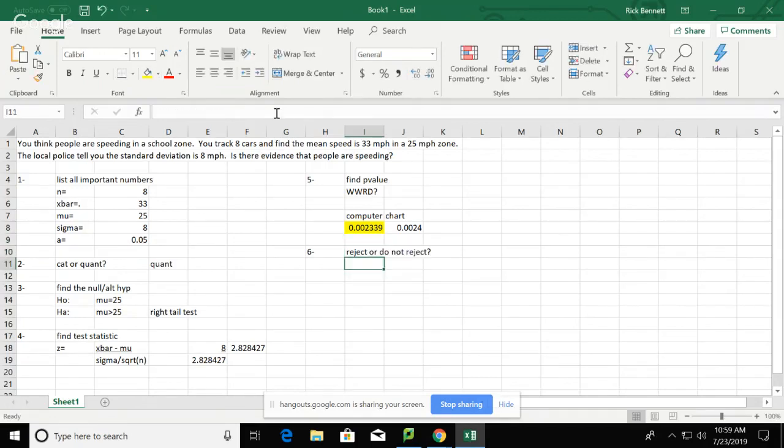Okay, so reject or do not reject. What is the phrase that pays? If the p-value is low, reject the null. But it sounds like something else if you say it. Okay?